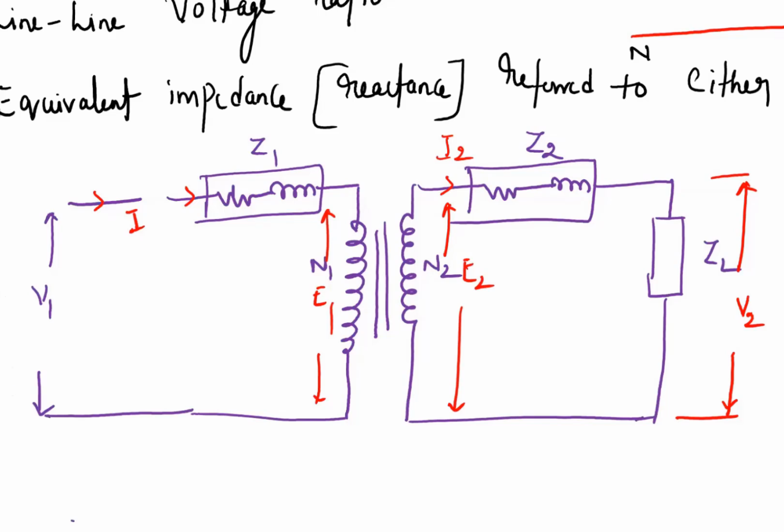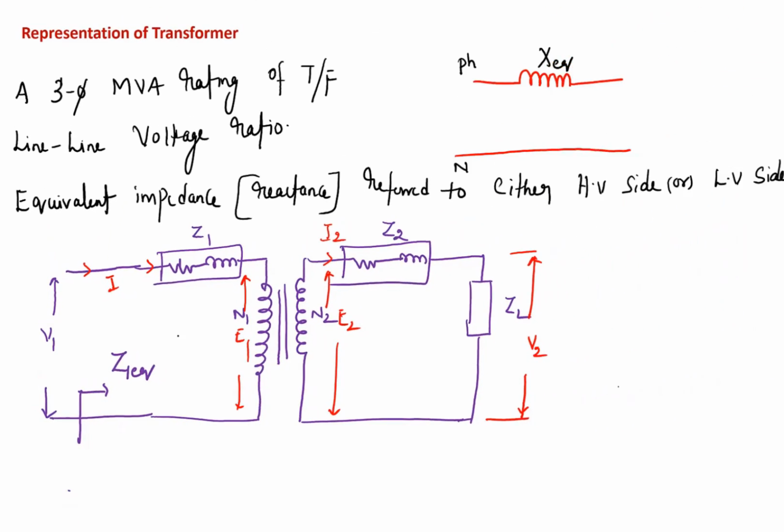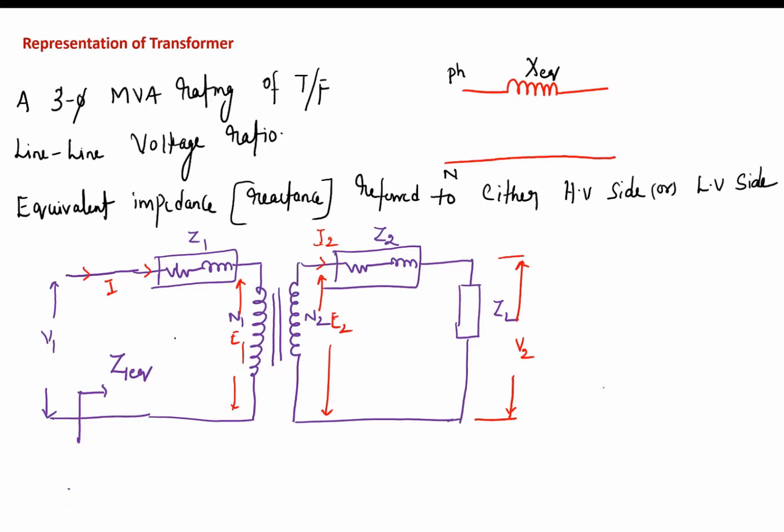Now, if I calculate the equivalent impedance with respect to primary, that is called Z1 equivalent. So I am calculating the equivalent impedance of the transformer referred to primary side.